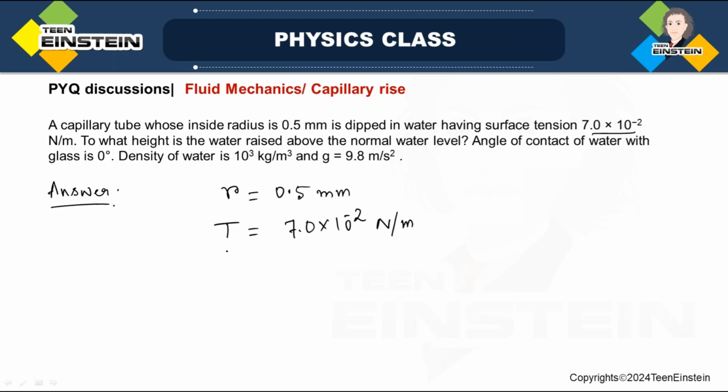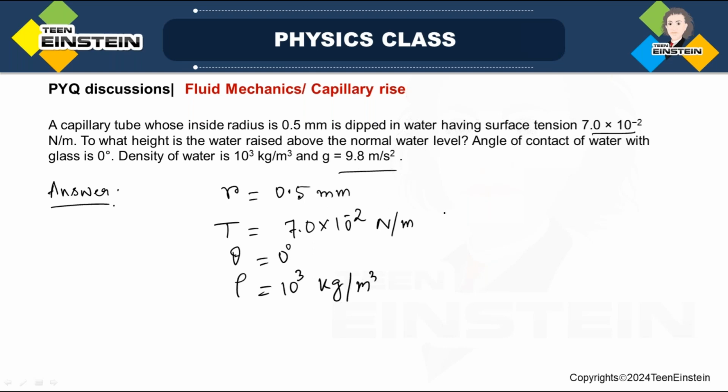Then angle of contact theta is given, theta is 0 degree. Density rho is given as 10³ kg per meter cube. And g, you know, has to be taken as 9.8 meter per second square.